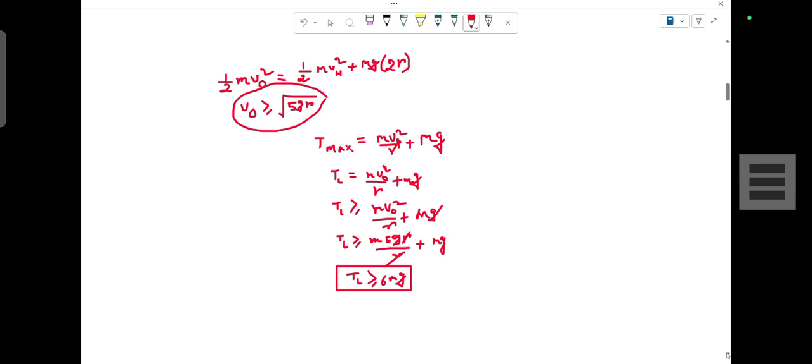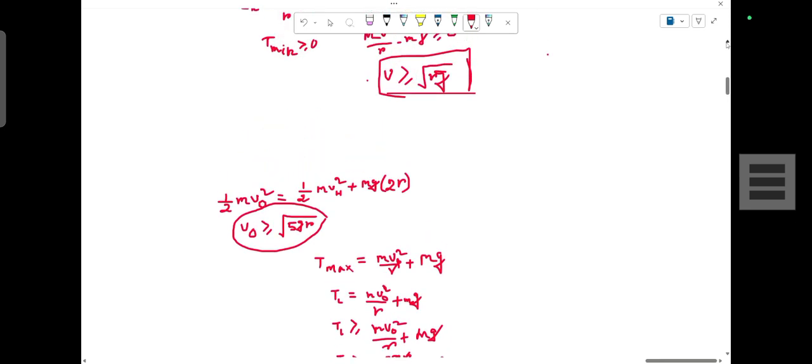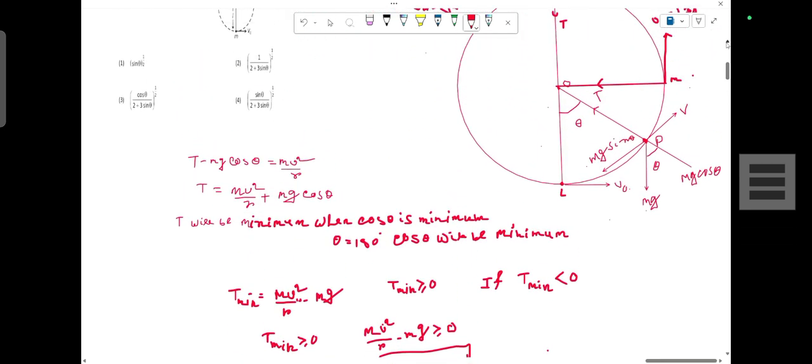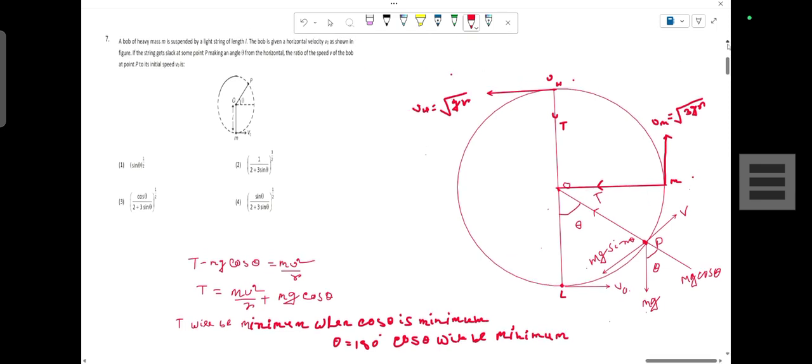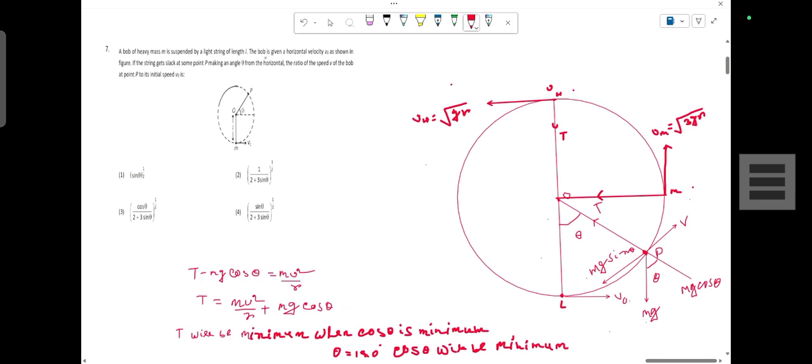So now, this question says that a bob of heavy mass m is suspended by a light string of length l. The bob is given a horizontal velocity v0 as shown in the figure.